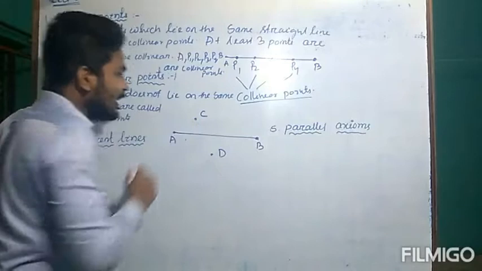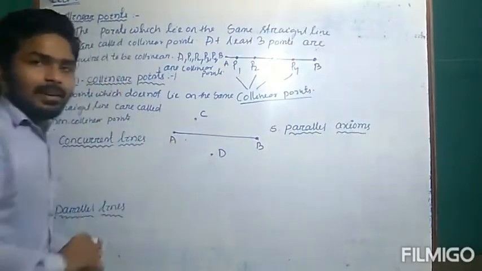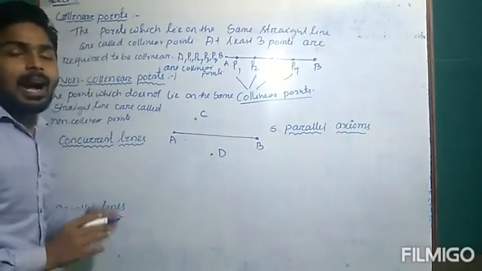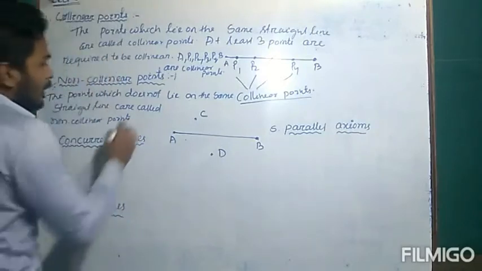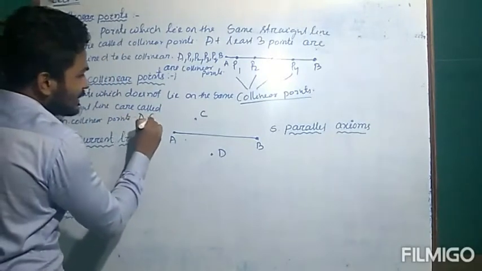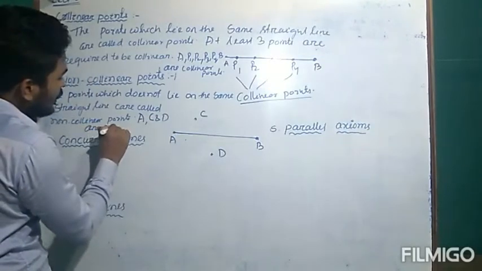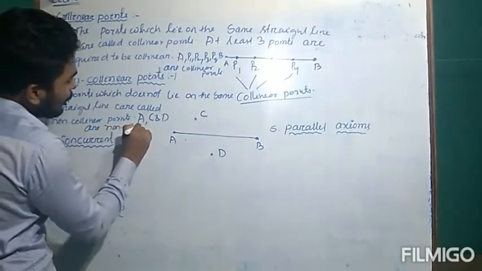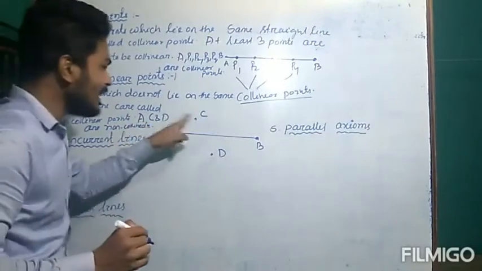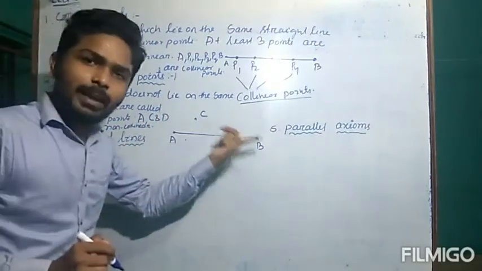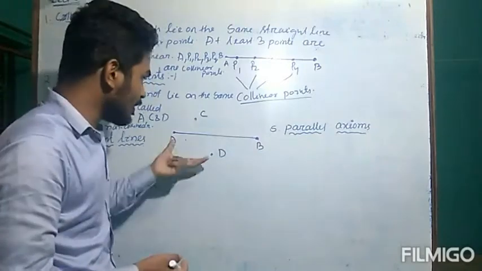Here the points C, A, D are non-collinear. So points A, C and D are non-collinear. Or you can say the points C, A, D and B are non-collinear points because they don't lie on the same straight line.